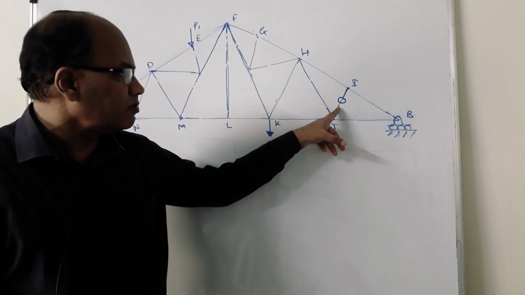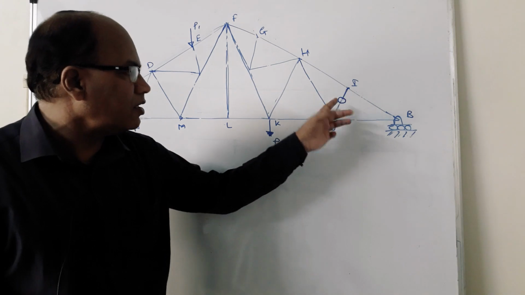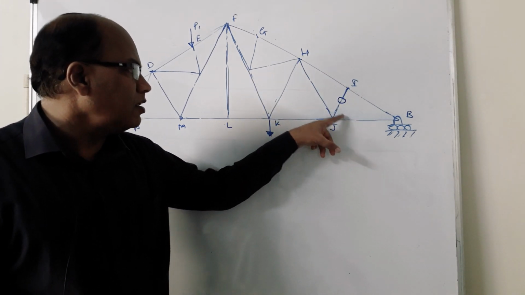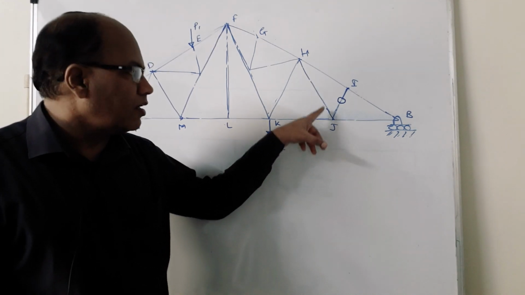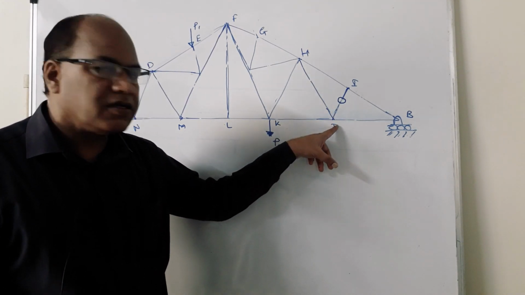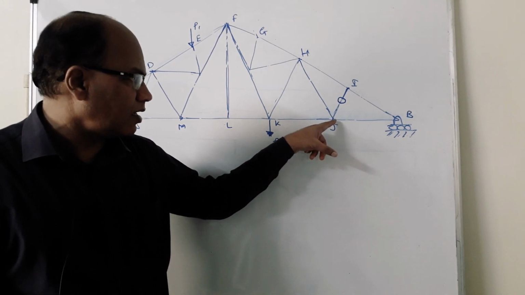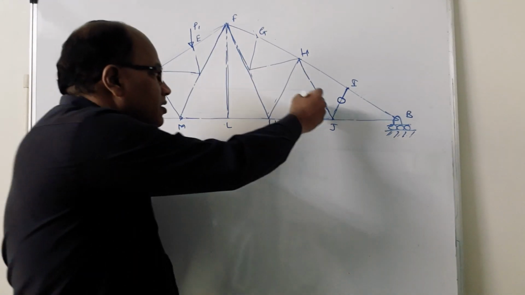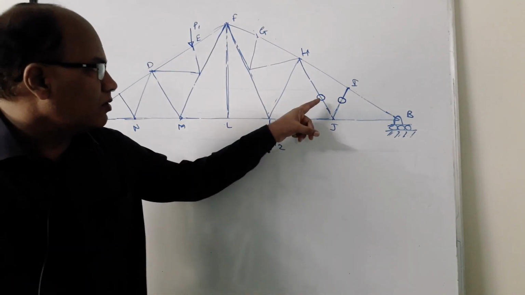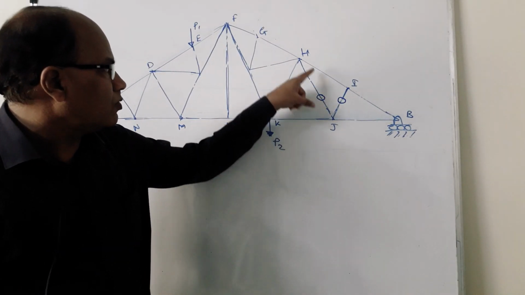If I remove the zero force member, it is not going to affect the truss. There is no external load or reaction at this joint. It means that this member is also a zero force member. Then I will go to the next joint.